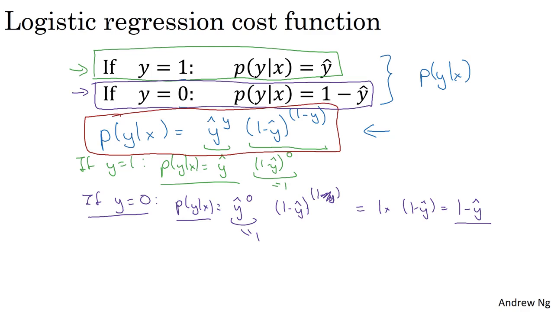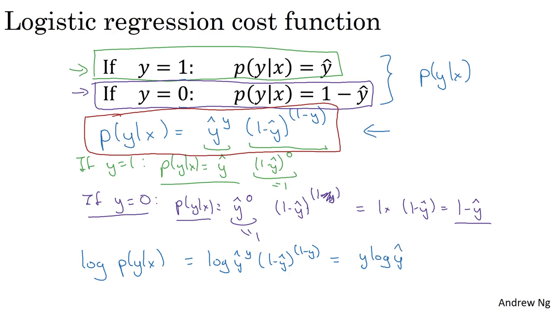Now, finally, because the log function is a strictly monotonically increasing function, maximizing log of p of y given x should give you a similar result as optimizing p of y given x. And if you compute log of p of y given x, that's equal to log of y hat to the power of y times 1 minus y hat to the power of 1 minus y. And so that simplifies to y log y hat plus 1 minus y times log of 1 minus y hat.